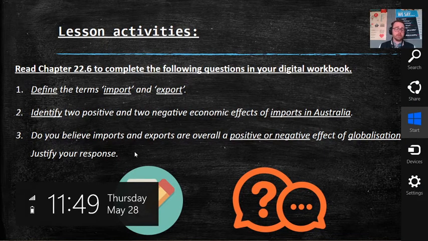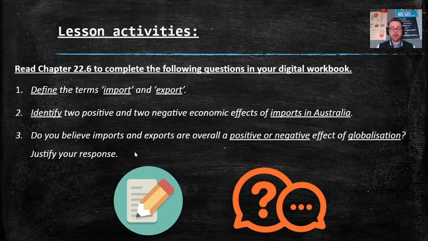Again, you have some people who think that globalization, trading with other countries, buying international products are a good thing. You have some people who think that it is a bad thing. So which camp do you fall into? Look at that table that I mentioned on positive and negative effects. Think about what you've studied in the previous slides and come to a conclusion. You know what? I think that globalization, imports, exports, I think it's a good thing, or I think it's a bad thing. And then tell me why in 1 or 2 sentences.